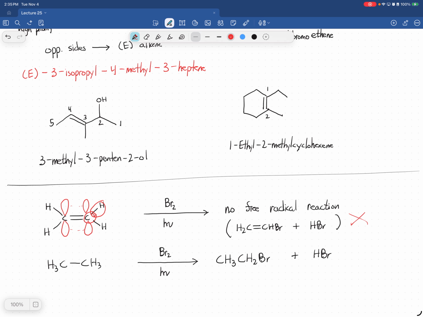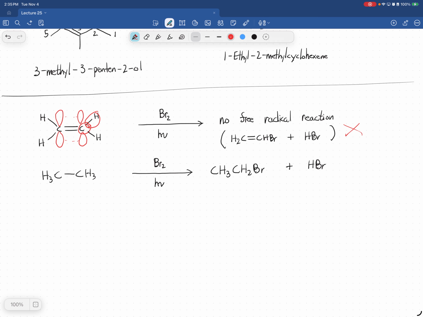Remember physics, the further the distance, what happens to the force? It decreases, right? Weaker force of attraction, easier to break. So the pi bond is easier to break, and we'll see in this chapter that the pi bond is what primarily reacts in alkenes. That's the preview: alkenes feature reactivity at the pi bond, not the sigma bonds.